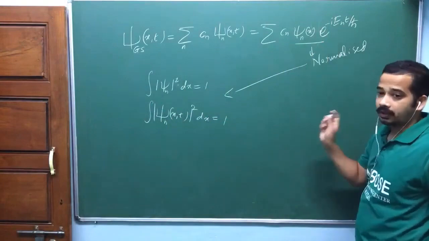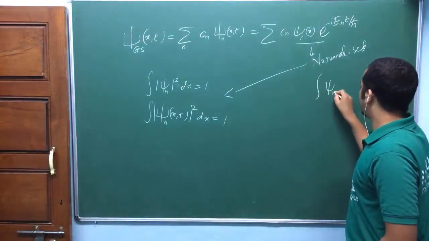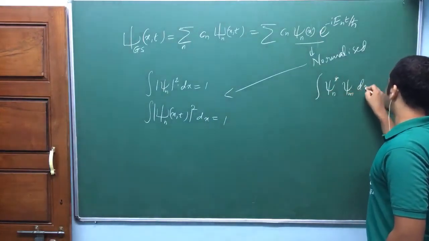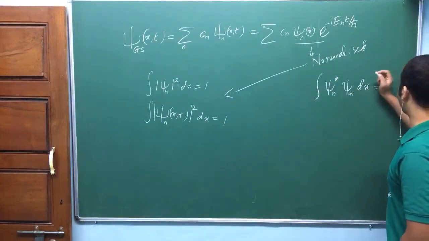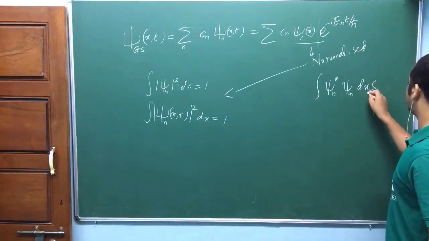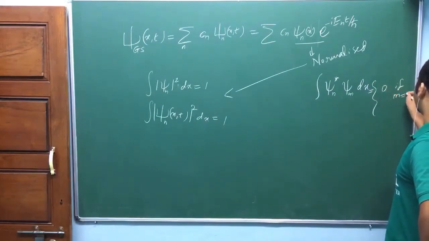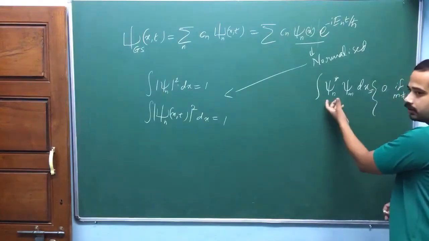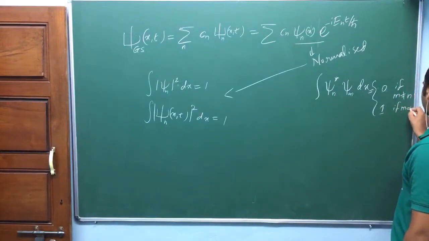These are normalized, and along with that they hold one more property: the integral of psi n star into psi m dx is equal to delta mn. That is equal to 0 if m is not equal to n. If m equals n, this is mod psi square, and it is equal to 1.